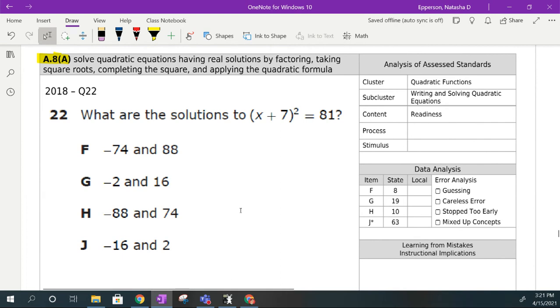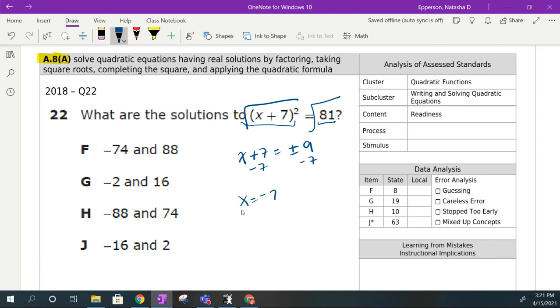All right, number 22, we're dealing with the same TEK, 5A. What are the solutions to x plus 7 squared is equal to 81? This is a perfect square. I'm going to take the square root of both sides. This becomes x plus 7 is equal to plus or minus 9. I'm going to subtract 7 from both sides. That gives me x is equal to negative 7 plus or minus 9.